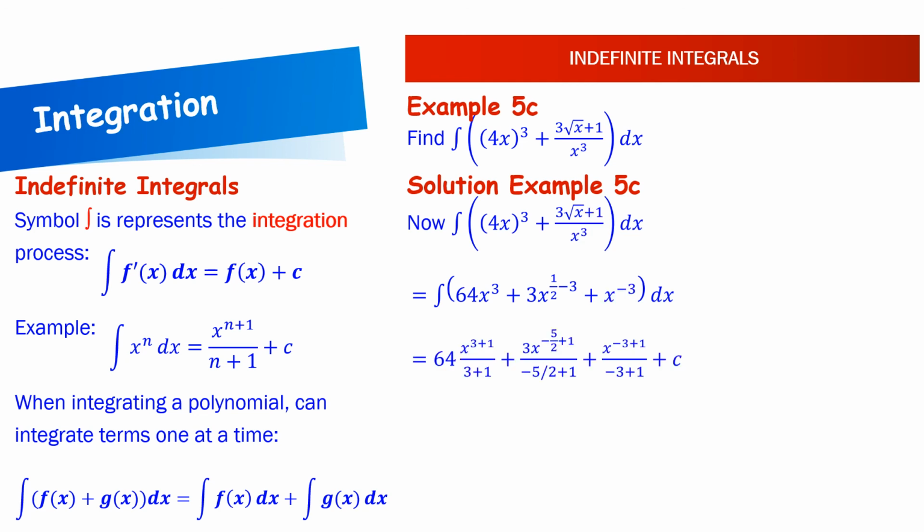And so if we now integrate, we obtain 64x to the power 3 plus 1 over 3 plus 1, plus 3x to the minus 5 over 2 plus 1 over minus 5 over 2 plus 1, plus x to the minus 3 plus 1 over minus 3 plus 1 plus the constant of integration.